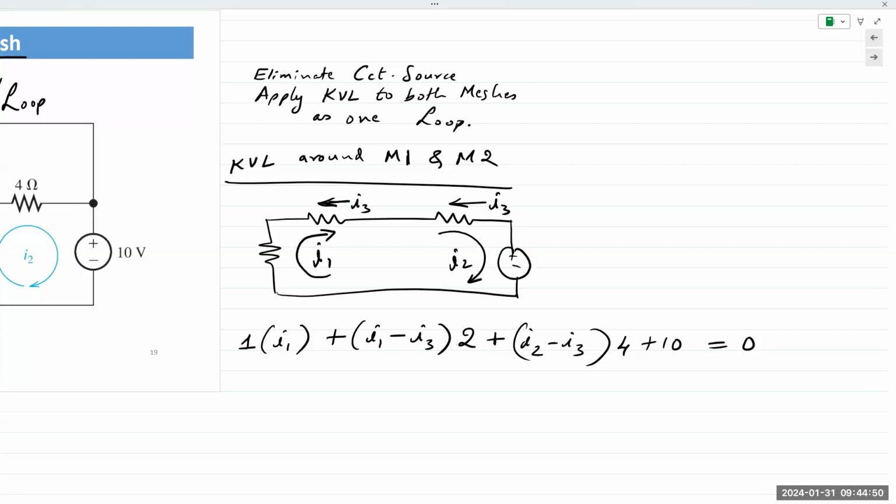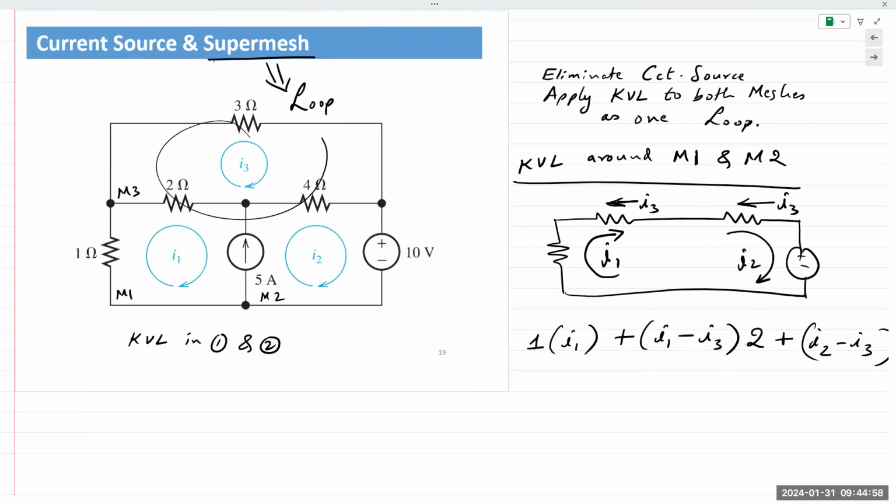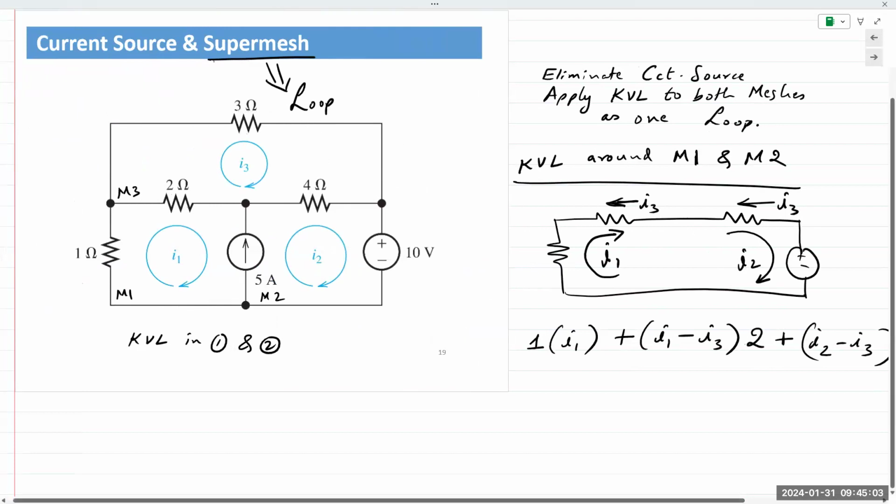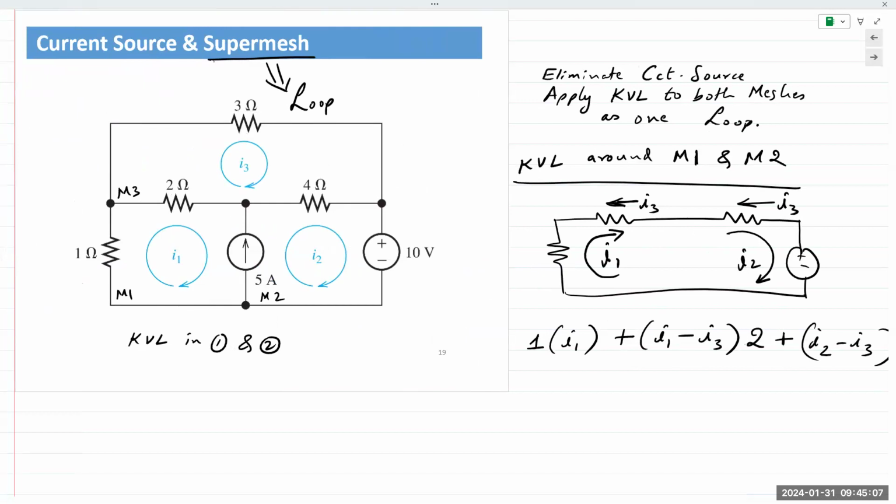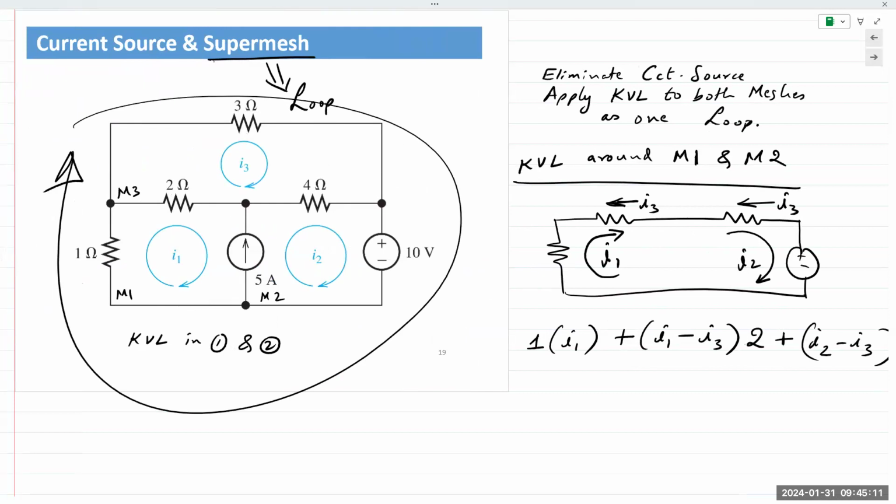So now we have eliminated the current source. We write an equation, and then we write a separate equation here, and then we solve. If we don't have enough equations for the number of variables, we can do one more loop on the outside.